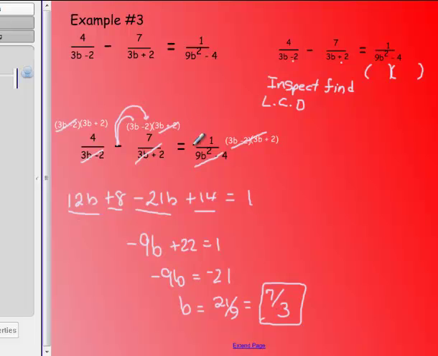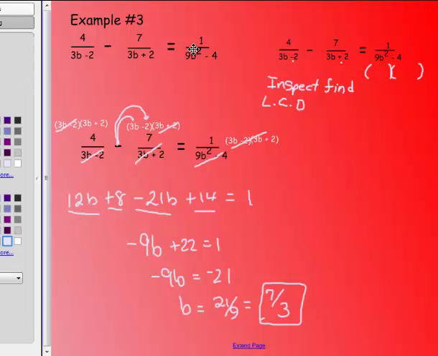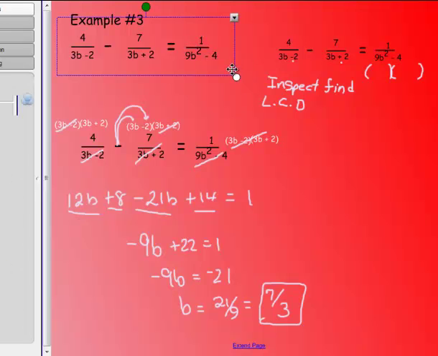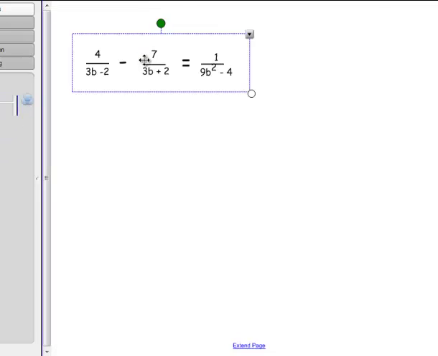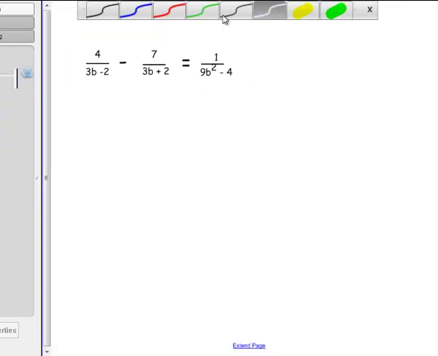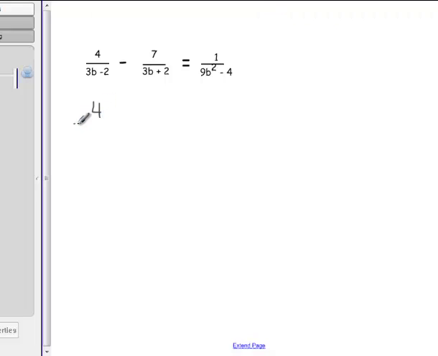So let's take a second to make sure that this all checks. All right, I'm going to copy this, and I'm going to go on to a new page. And let's change our pen now to black. All right, so I've got 4 over 3 minus 2.